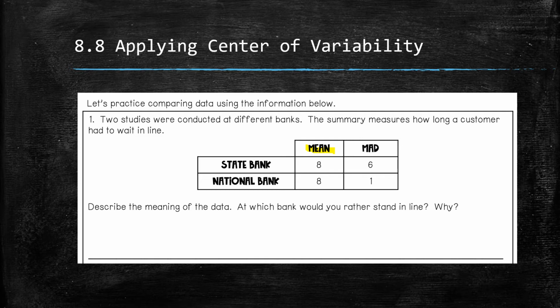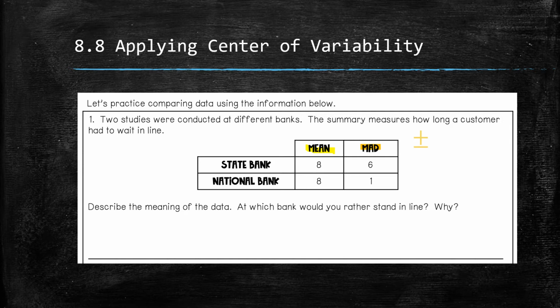When I look at the MAD, the mean absolute deviation, remember that means the distance from the mean. It's talking about how spread out that data is. So I can either add or subtract the MAD from the mean.